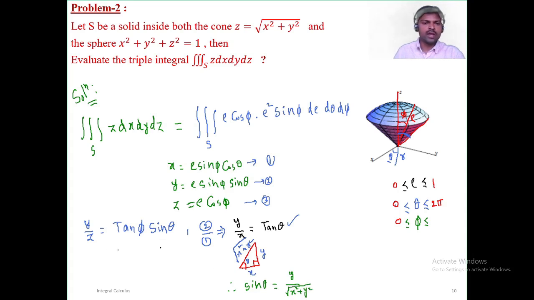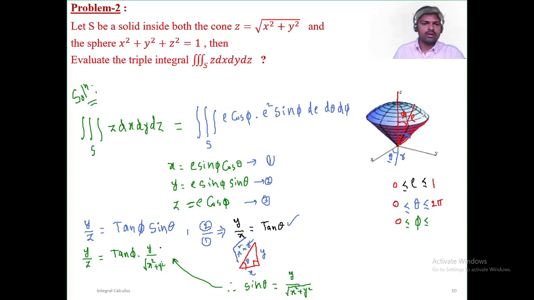Therefore, substitute this sin theta value back here, so it is modified as follows. y by z is equal to tan phi into sin theta value, y by square root of x square plus y square.